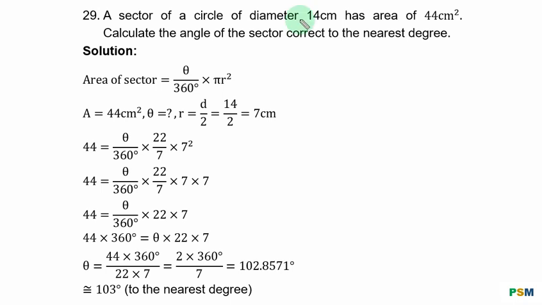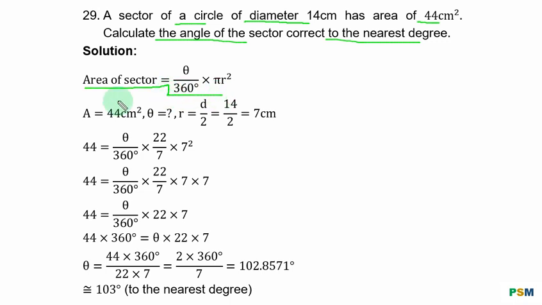Example 29. A sector of a circle of diameter 14 cm has an area of 44 square centimeters. Calculate the angle of the sector correct to the nearest degree. Area of sector is given by this formula.